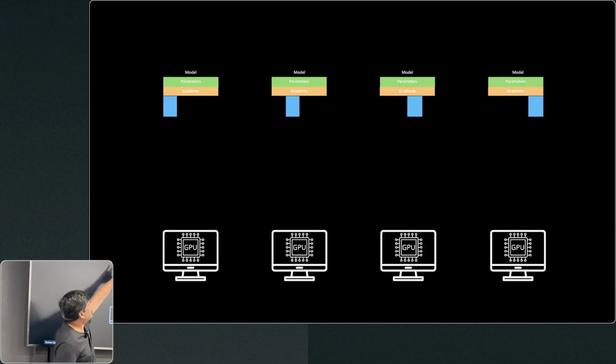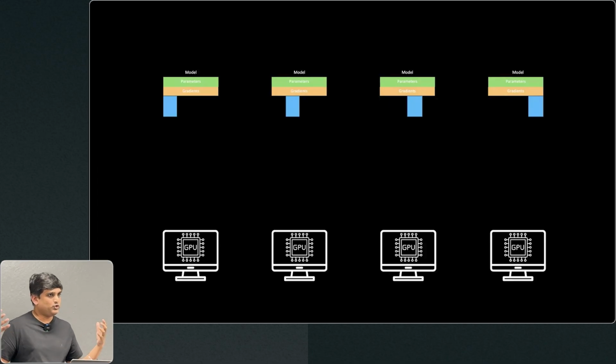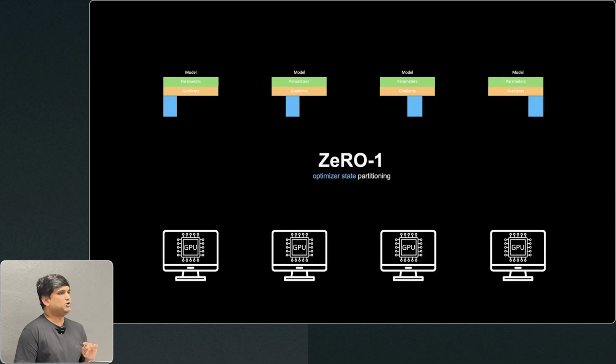This GPU has the second 25%. So you cannot just do the model update just like that. So you need to do more communication. But this is what we called ZeRO-1. Have you heard of this? ZeRO-1, zero redundancy optimizer.